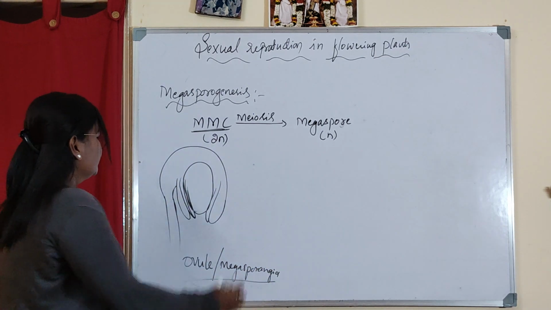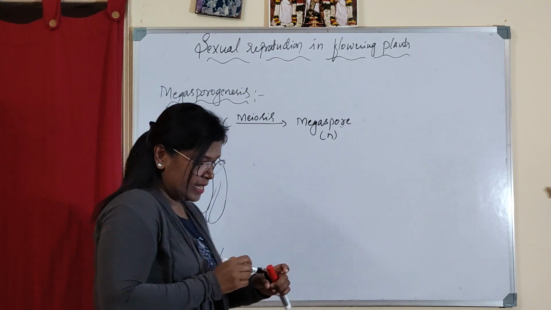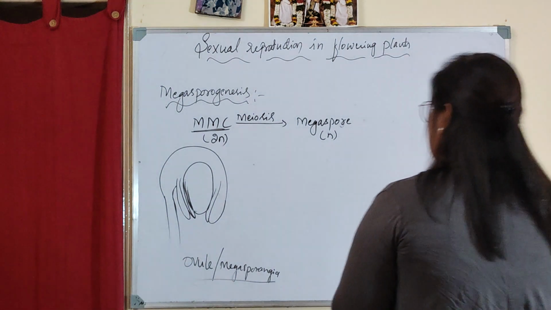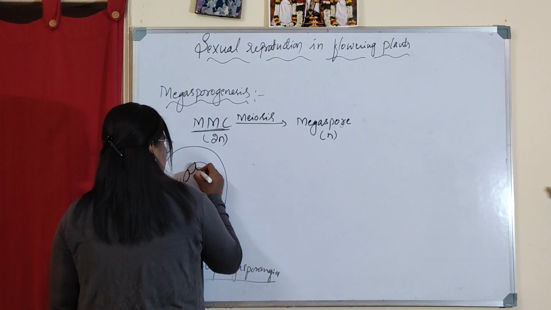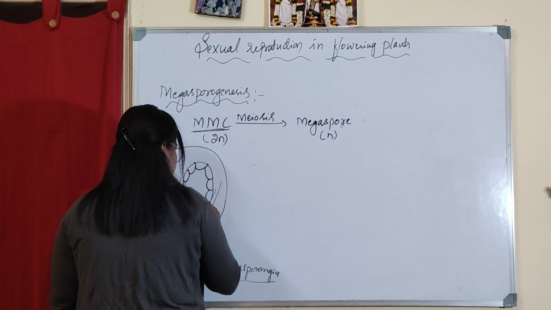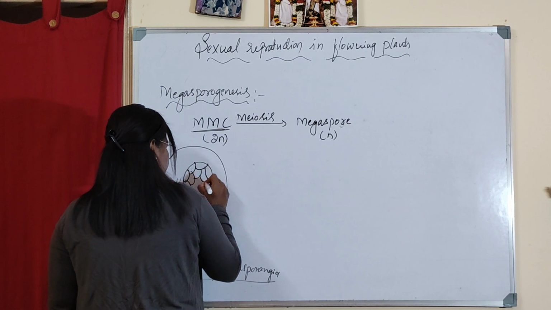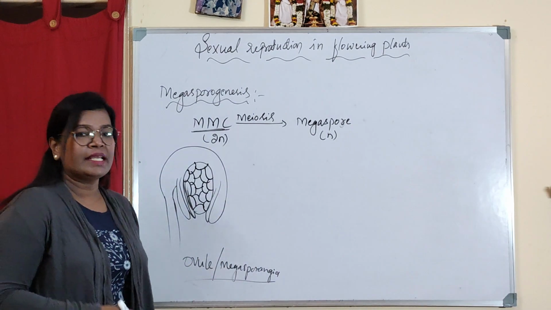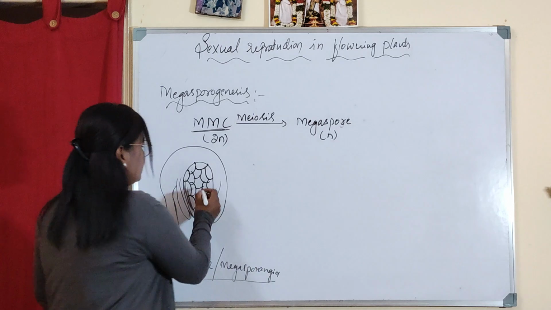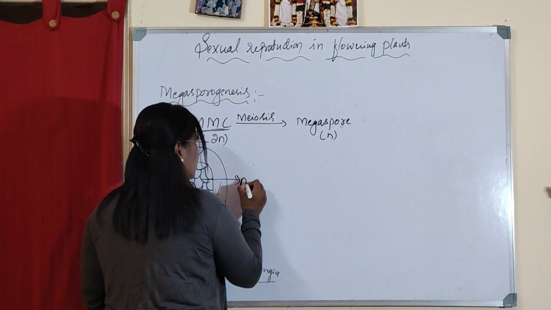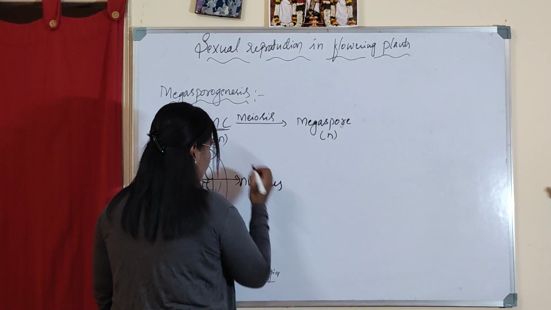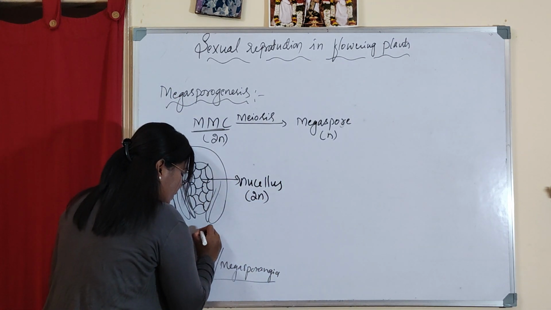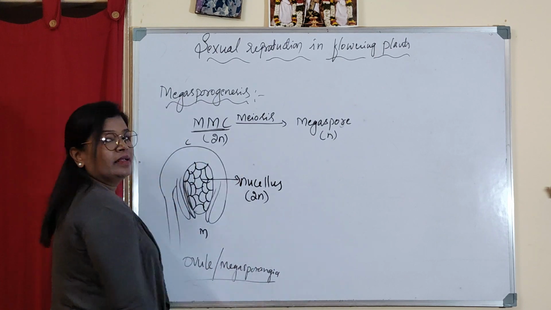There is a central mass of cells called the nucellus, which is diploid in nature, because every structure before meiosis takes place is diploid. This is the micropylar region and this is the chalazal region.